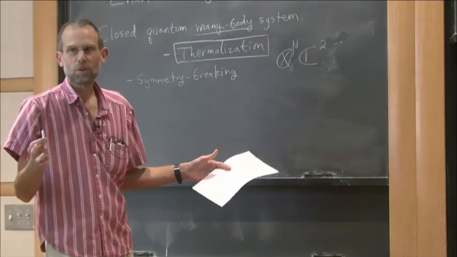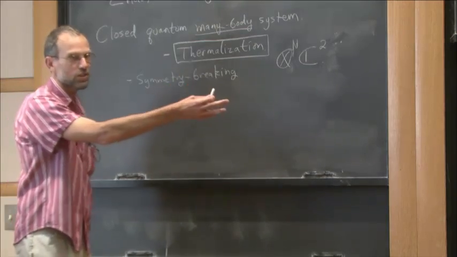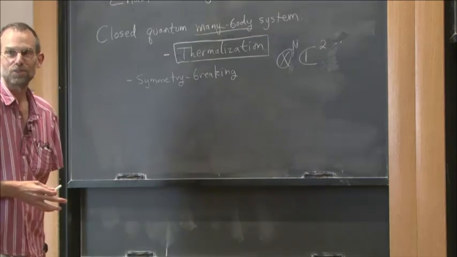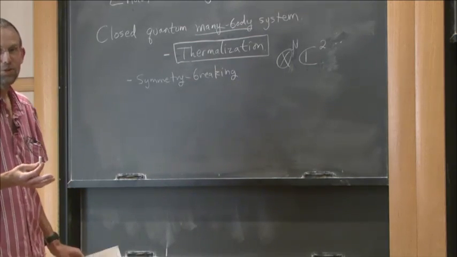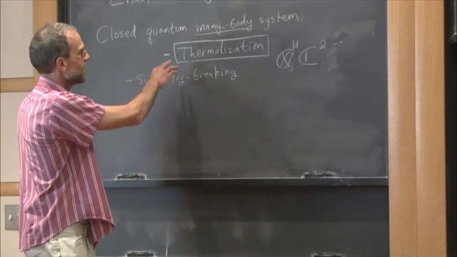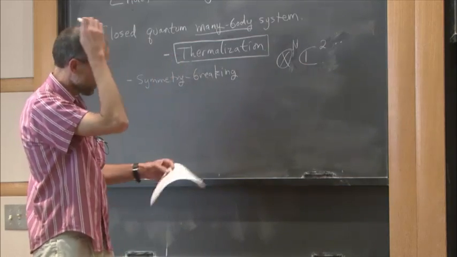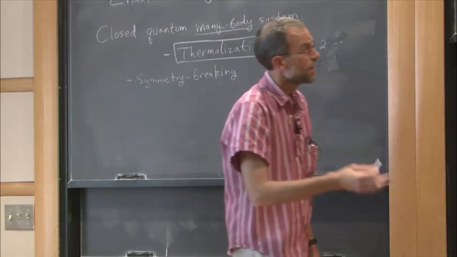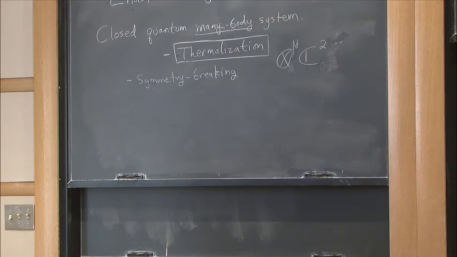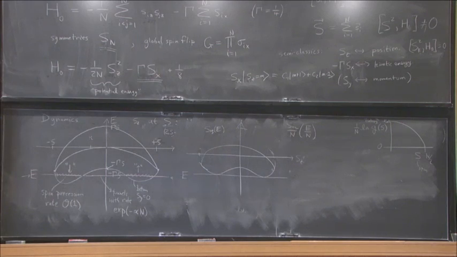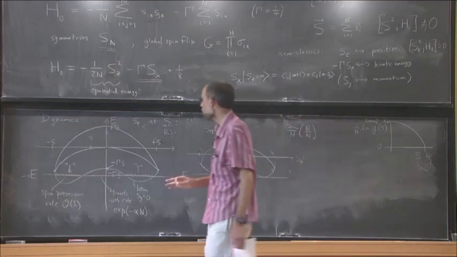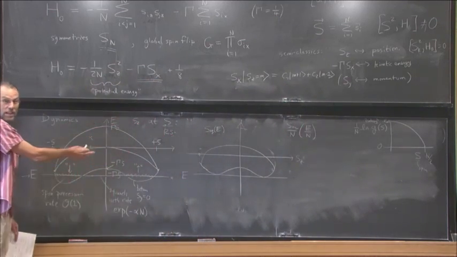It does not go to equilibrium, whereas generic systems that don't have an excessive number of conservation laws that are local operators do. So the idea here is that the system is a bath. It's equilibrating its parts, and I'm focusing on equilibrating one particular degree of freedom, which is its total spin. Of course, there are lots of other degrees of freedom which are thermalizing as well, but I'm focusing on that one because it is so important in the dynamics.